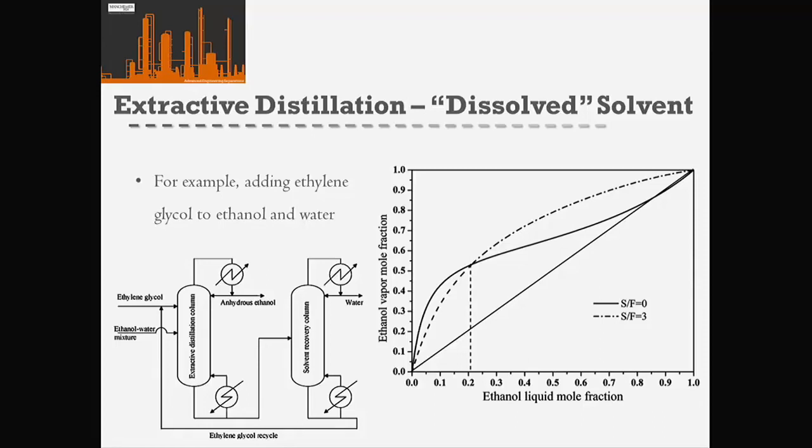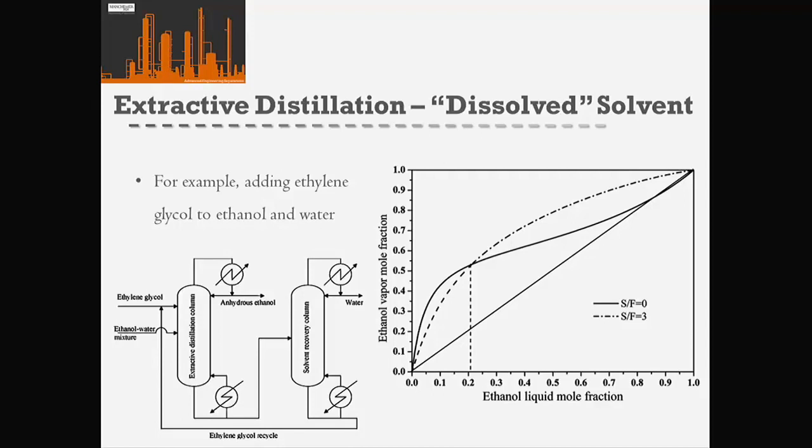And if that's the case, we can essentially view that component as not actually taking part in the distillation at all. It just flows down the column as a liquid. Yeah? But what it's doing is it's just changing the relative volatility between the two components we're trying to separate.